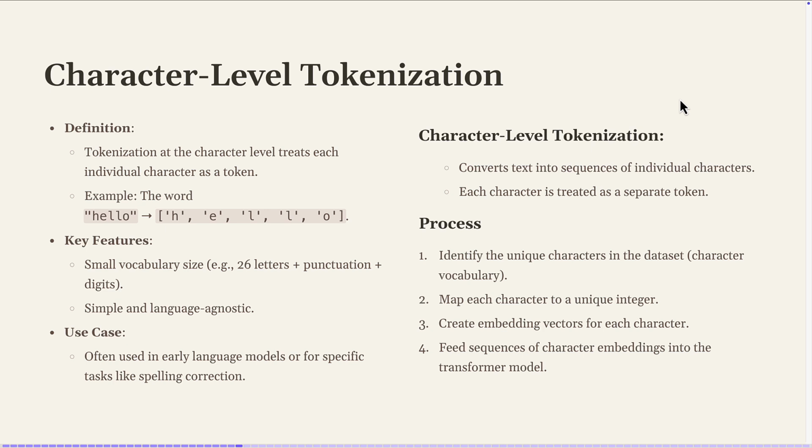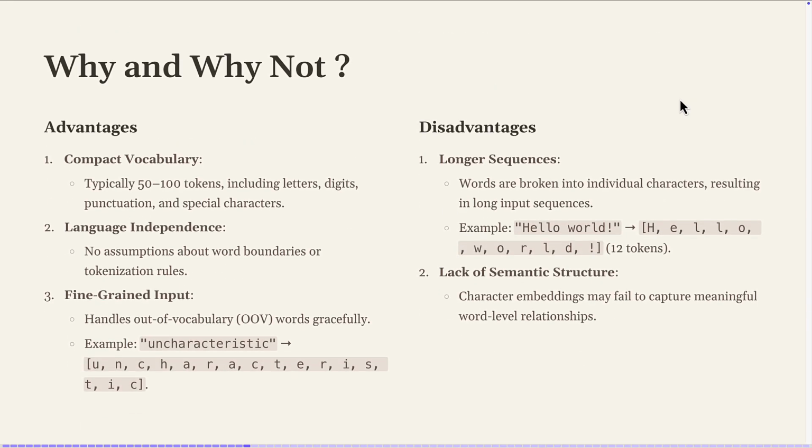The use case: often this is used in early language modeling for very specific tasks like spelling correction. There are some applications, but it remains limited. The process is to identify the unique characters in the data set and map every character to an index. Very simple. There is not much work to do here.